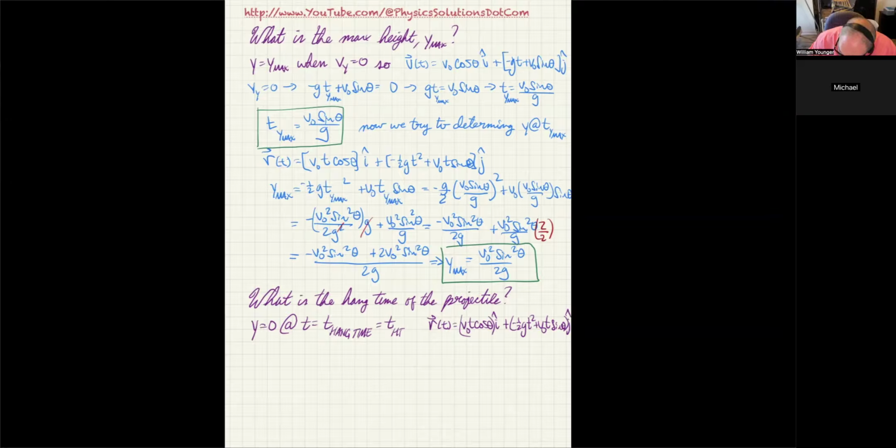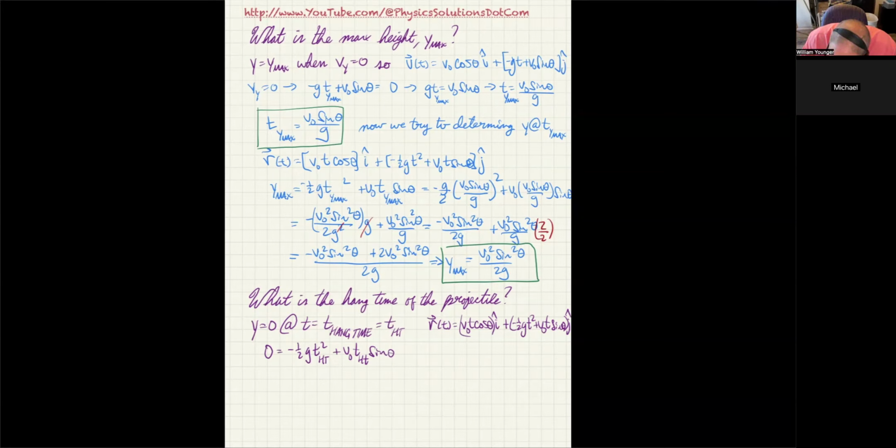So I want to set y equal to 0. That means 0 is equal to negative 1/2 g t squared, that's t hang time, by the way, plus v0 t hang time sine theta. And that's what I need.